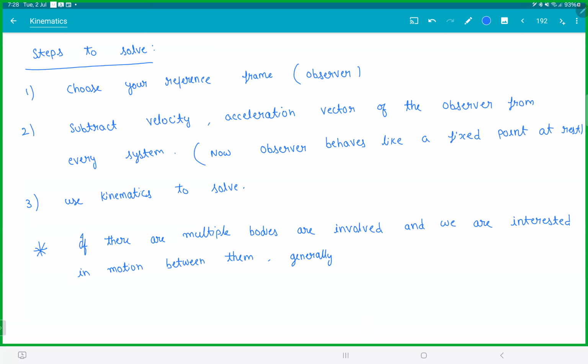We'll do a few numericals, that will make things clear. Please have a look at the steps. Clear, everyone? Let's see a question.